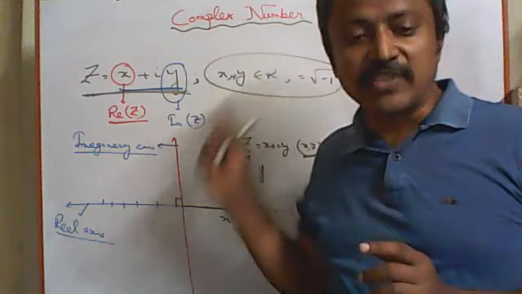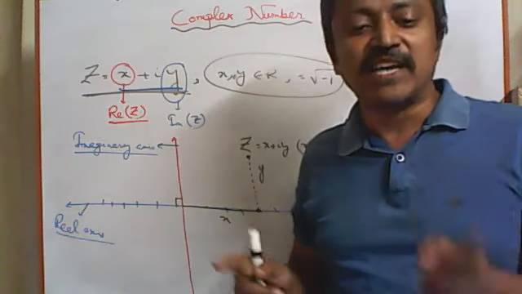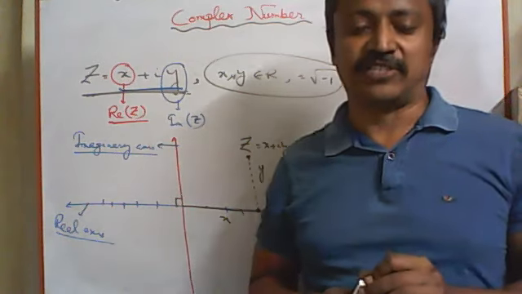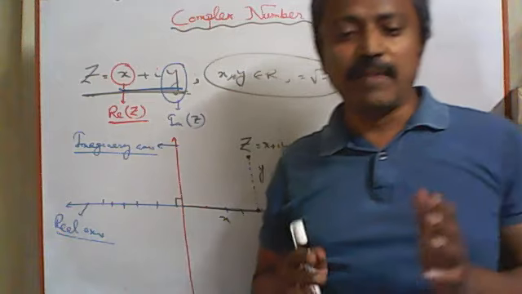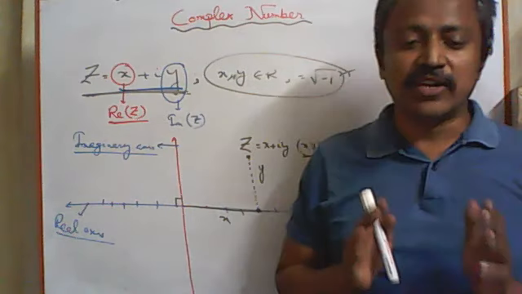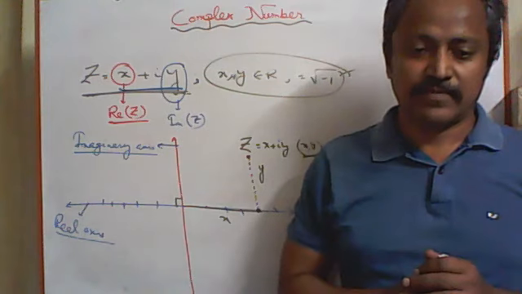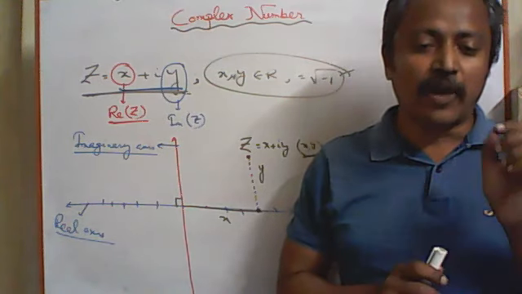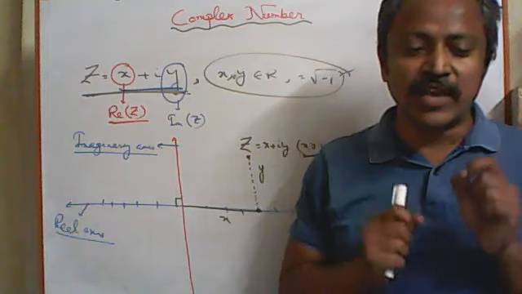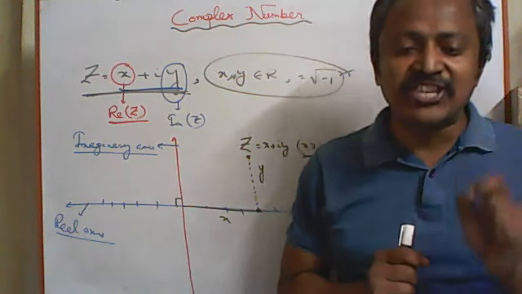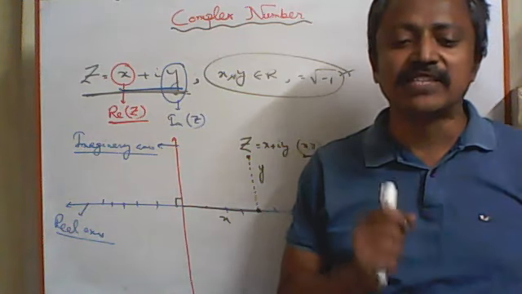Here, for the conjugate of a complex number, the sign of the imaginary part will be changed. So to obtain the conjugate of a complex number, we have to change the sign of its imaginary part.